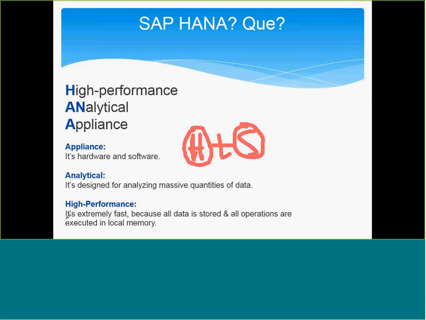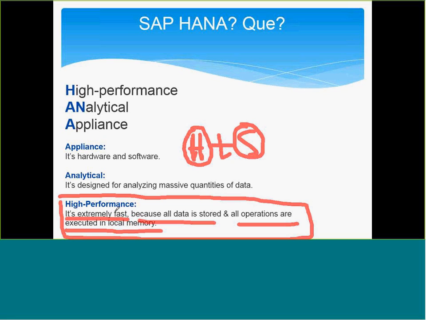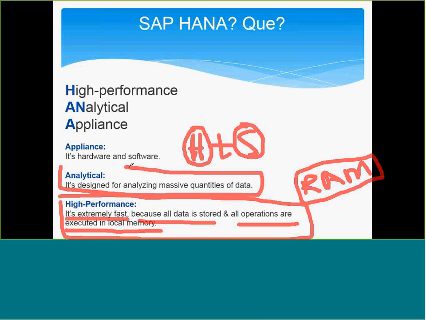High performance means it is extremely fast because all data is stored and all operations are executed in the local memory. All processing and all data storage happen in the local memory, that is, in the RAM. This is a new concept, in-memory computing. When we talk about analytical, it means it is designed for analyzing massive quantities of data.